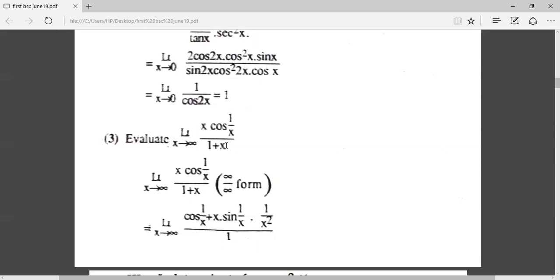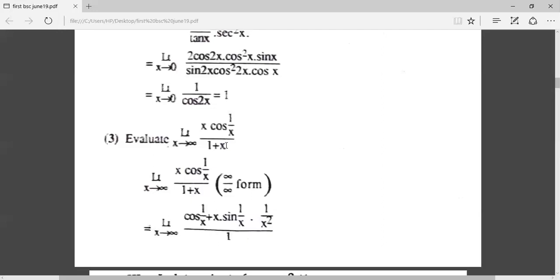That is, you have to differentiate both numerator and denominator. In the numerator, you have to use product rule. What is product rule? u into dv by dx plus v into du by dx. Similarly, first function is cos 1 by x. Second function, differentiation of x is what? 1. So I'll get cos 1 by x plus x into differentiation of cos 1 by x, which is minus sin 1 by x, into differentiation of 1 by x, that is minus 1 by x square.